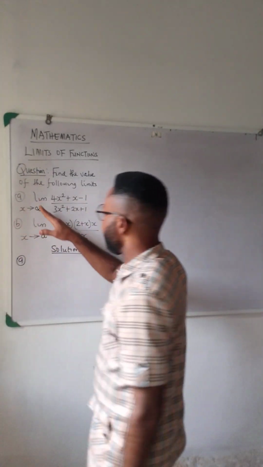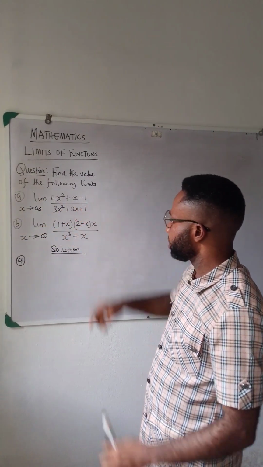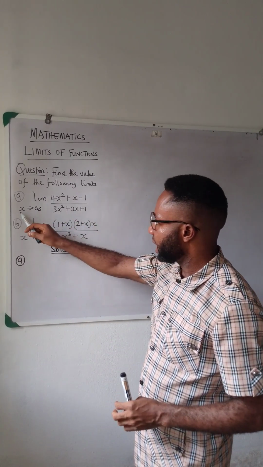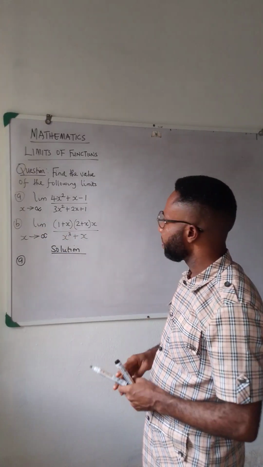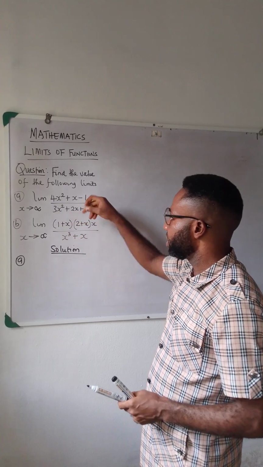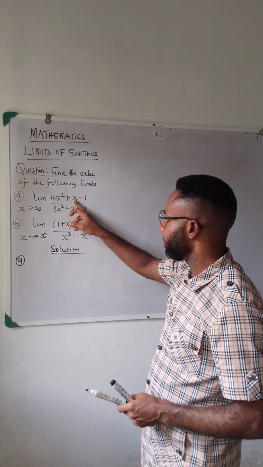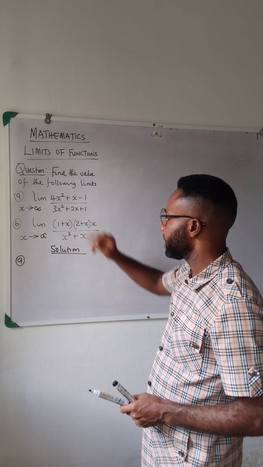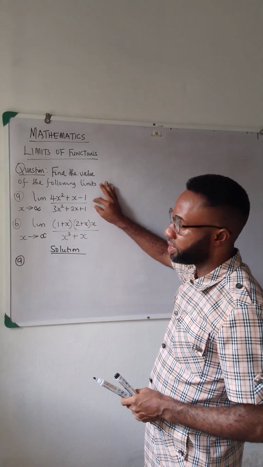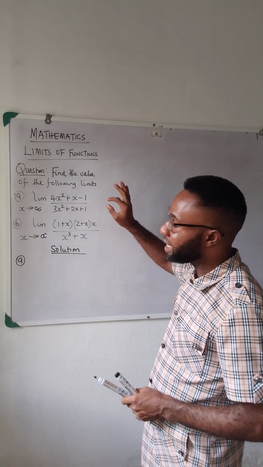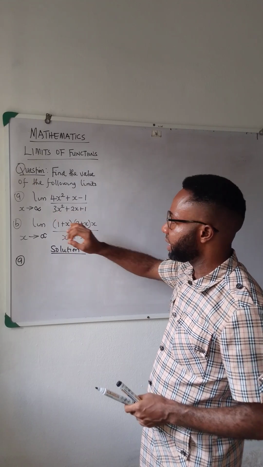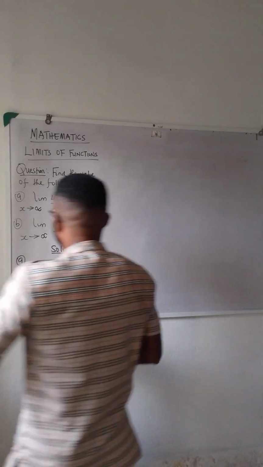In this question, we have the limit of 4x squared plus x minus 1 all over 3x squared plus 2x plus 1 as x tends to infinity. Now, if we bring in the value of infinity here, here, and here, the solution to this question will be undefined. Because that's not what we are looking for, we have to take another step to ensure that it is not undefined.